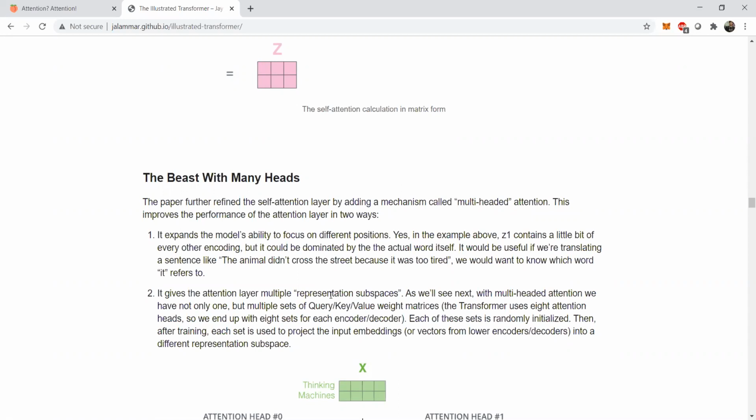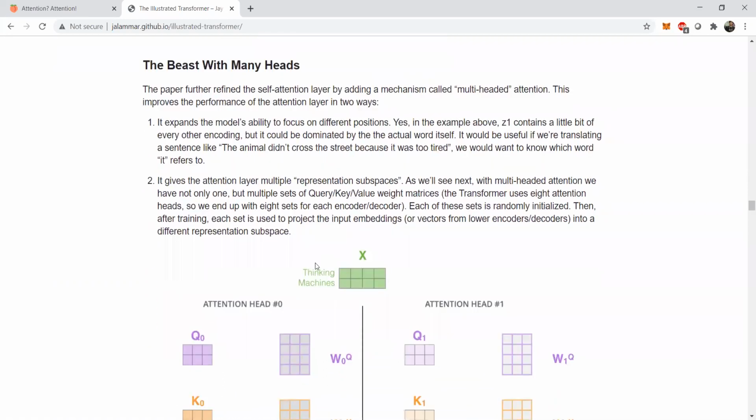We would want to know which word it refers to. So in this case, the multi-head attention mechanism effectively applies the self-attention mechanism on a larger scale. It also gives the attention layer multiple representation subspaces.